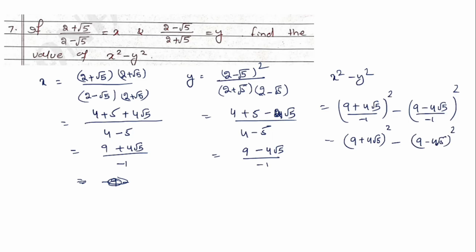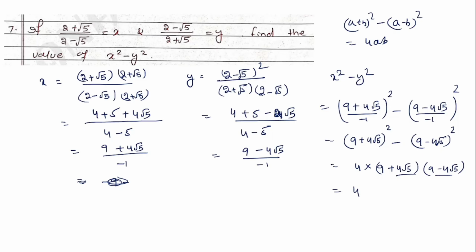Okay, a plus b whole square minus a minus b whole square, the formula is 4ab. So write 4, a is 9 plus 4 root 5, 9 minus 4 root 5.